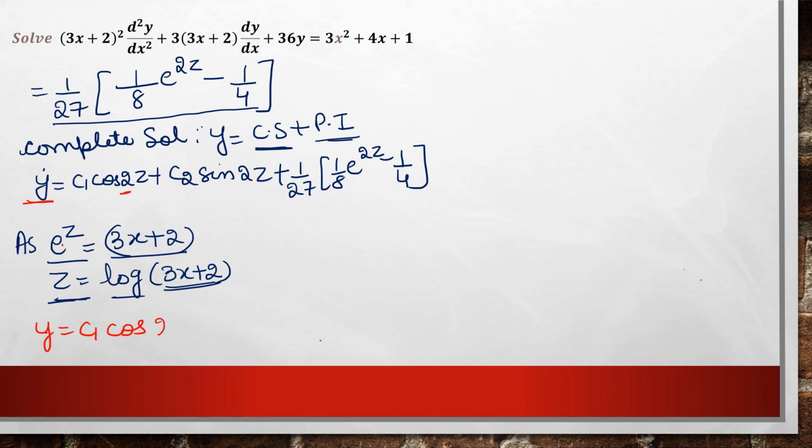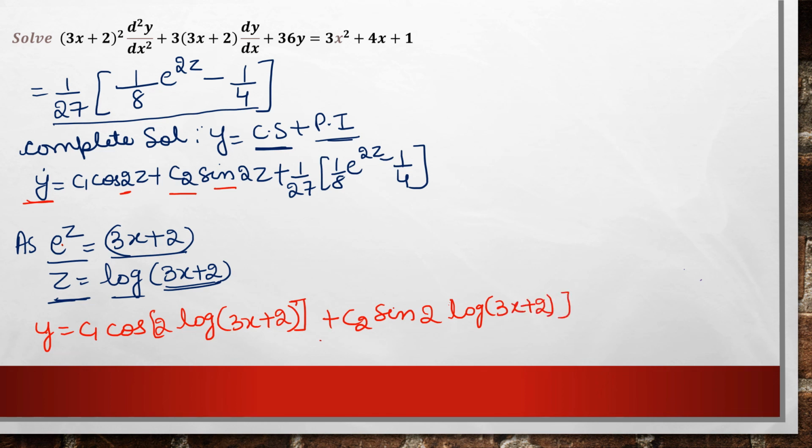What is z? Log of 3x plus 2. Okay, and plus c2 sine 2. What is z? Z is again log of 3x plus 2. Okay, hold this bracket. Fine.